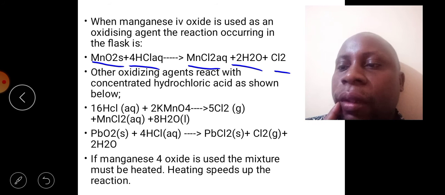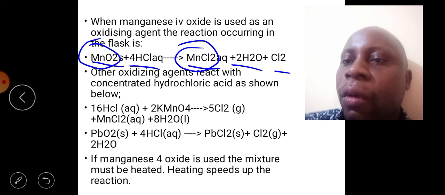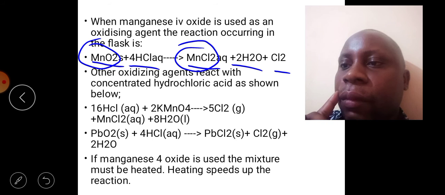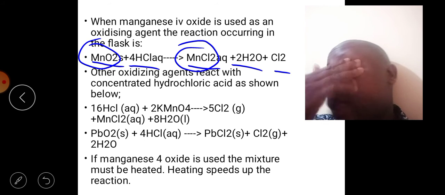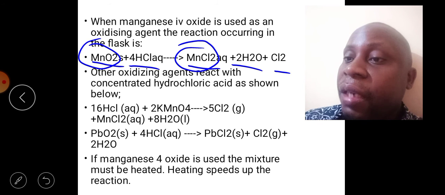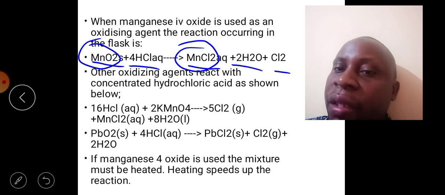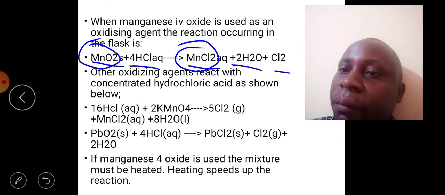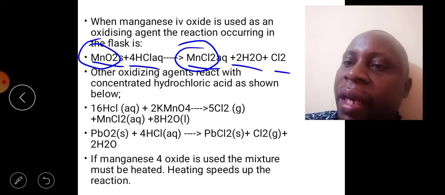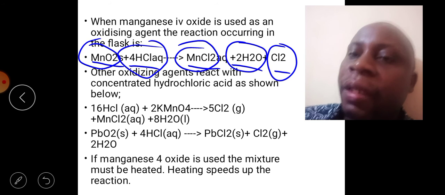Initially it was manganese 4 oxide, and here it has formed manganese 2 chloride. You can see here the name has changed. It was manganese 4, now manganese 2. Therefore, the manganese has undergone reduction. Reduction is decrease in oxidation number. On the other hand, hydrochloric acid has been oxidized into water and chlorine gas.